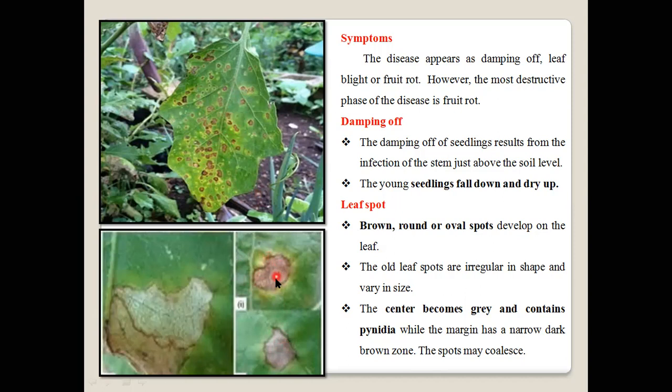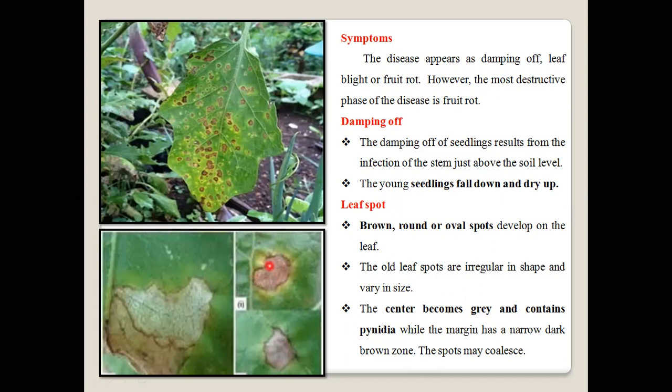You see the single lesions. The center portion becomes gray in color. Initially brown spots are seen, but these brown spots become gray in color, with somewhat yellow margins surrounding them. But after a few days, in the advanced stage of infection, these brownish spots become gray or somewhat black in color.